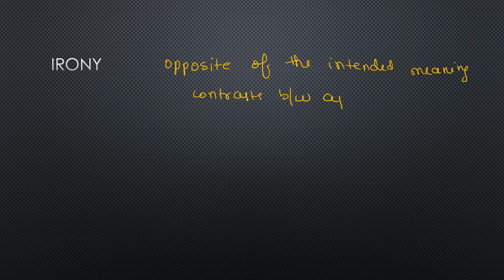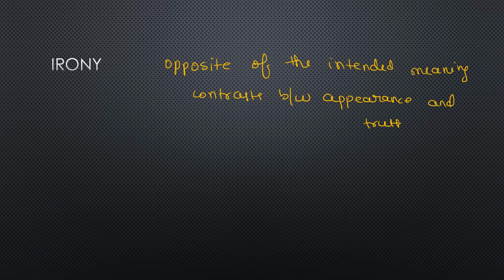Then we have irony. You must have heard about this. Basically, whatever meaning we are having, it intends the opposite of the intended meaning. What does it mean? For example, you must have seen somewhere written contrast between appearance and truth. How?